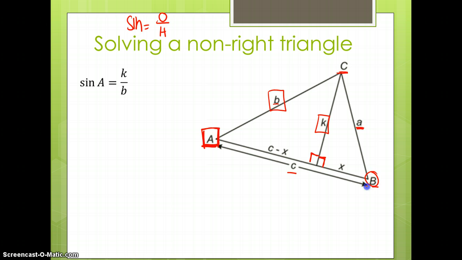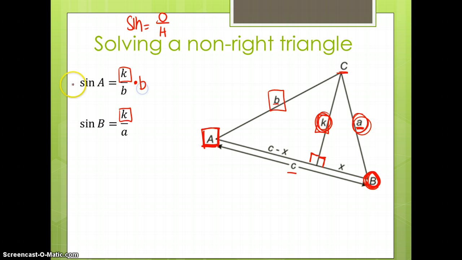Same idea for the sine of angle B. The opposite side is k, the hypotenuse is A, so sine of angle B is k over A. From here, all we have is a little bit of algebra. In both cases, for both equations, we solve for k, get k alone.